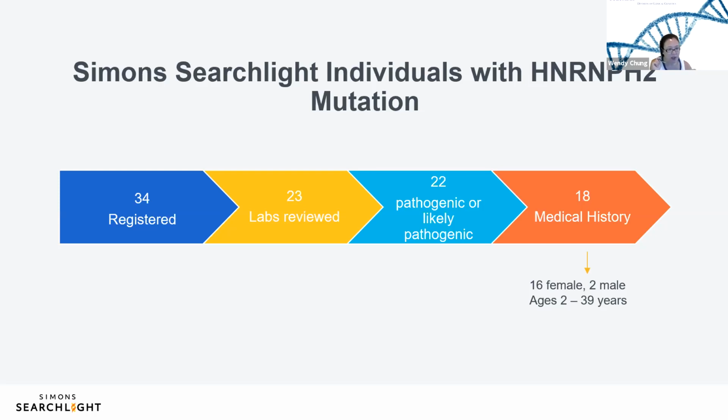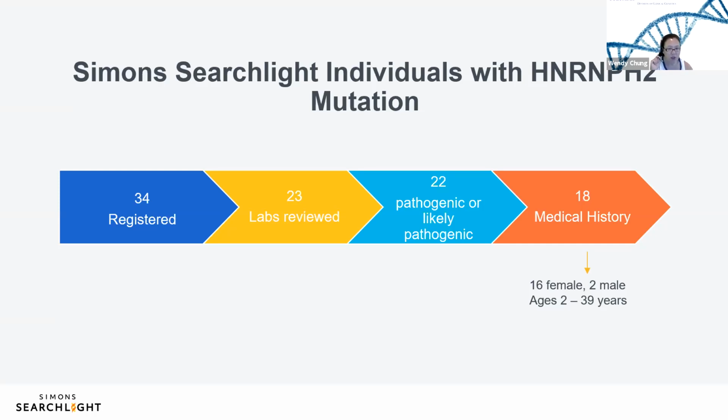But just to clarify, just because you register, you're not part of the study. You really, as you'll see, won't progress to be able to have your information as part of the study until we can review your genetic laboratory report and make sure that this is in fact the correct diagnosis.